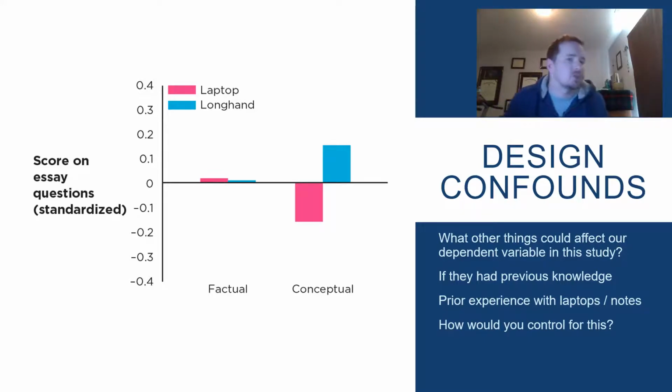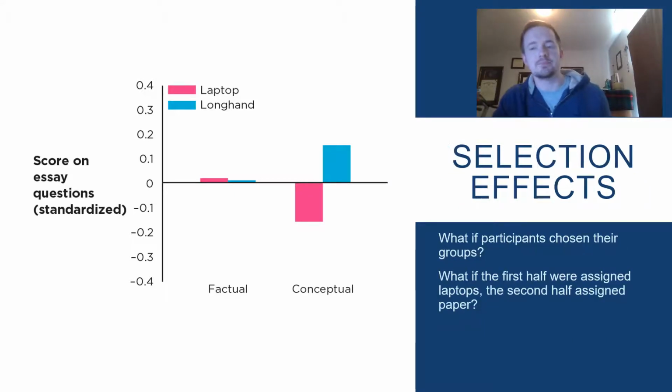You would also want to control for prior experience with laptops and notes. Do their other classes have laptops? Do they not have laptops? Those are things that some participants might have more experience with than others, and that could influence the results that we see here.